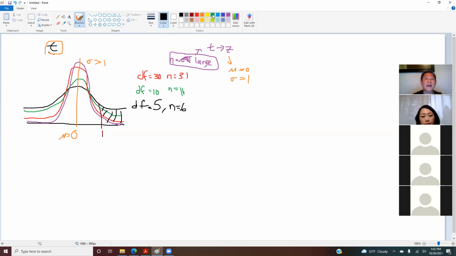But if your sample size increased to 11, look at your probability, it's smaller. And with the red one, if your sample size is big, your probability is even smaller. So you find out that this probability depends on your degrees of freedom. The smaller the degrees of freedom, the bigger the tail end, so your probability will be higher compared to degrees of freedom of 10, 30, and so on.